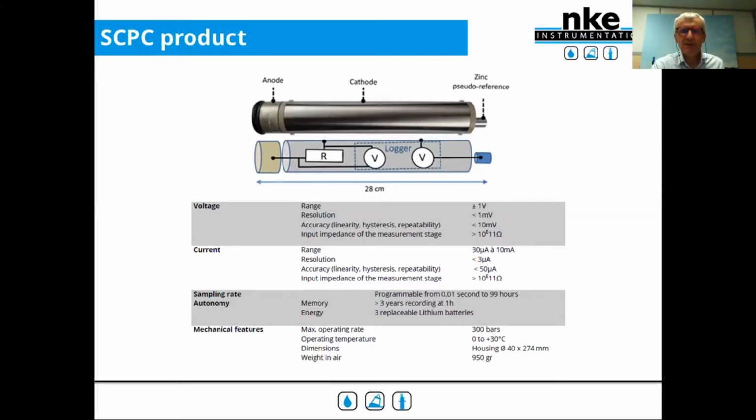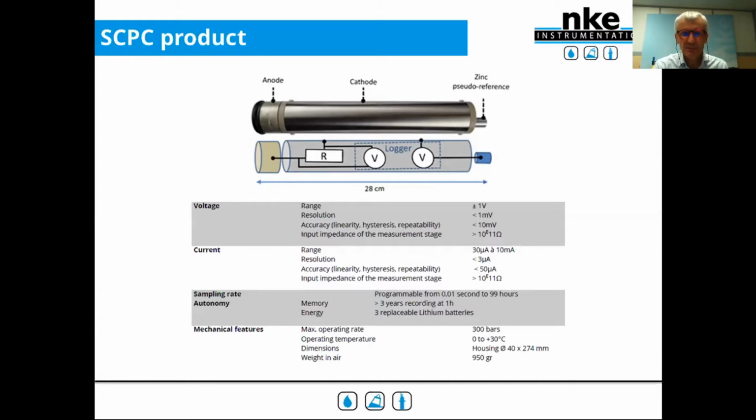The principle is that we use the housing of the SCPC like a cathode, and we protect this cathode using an anode, which is here. And we make two different types of measurement. The first one is the current, which protects the cathode. The current is controlled by an internal resistor.